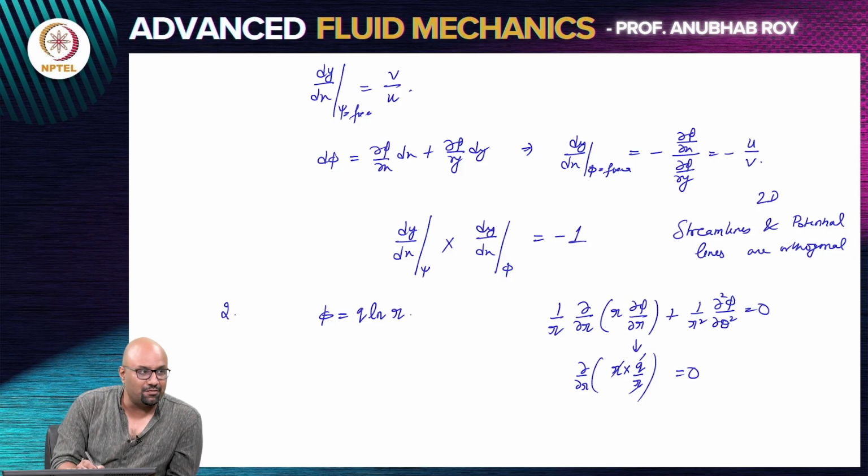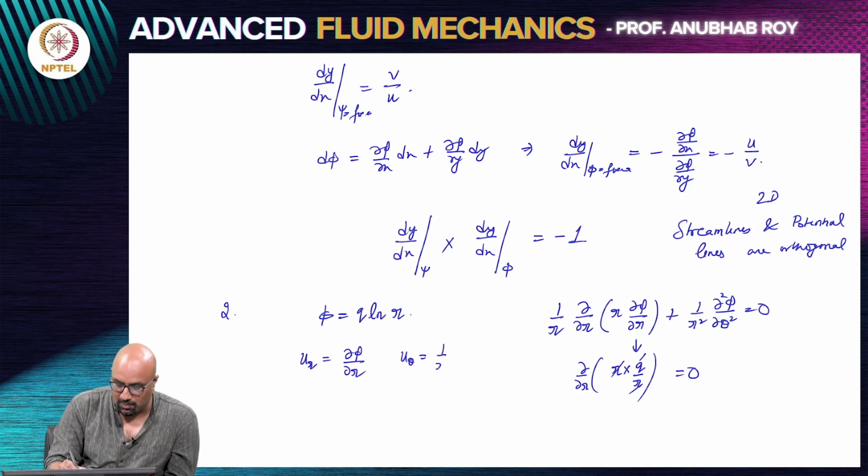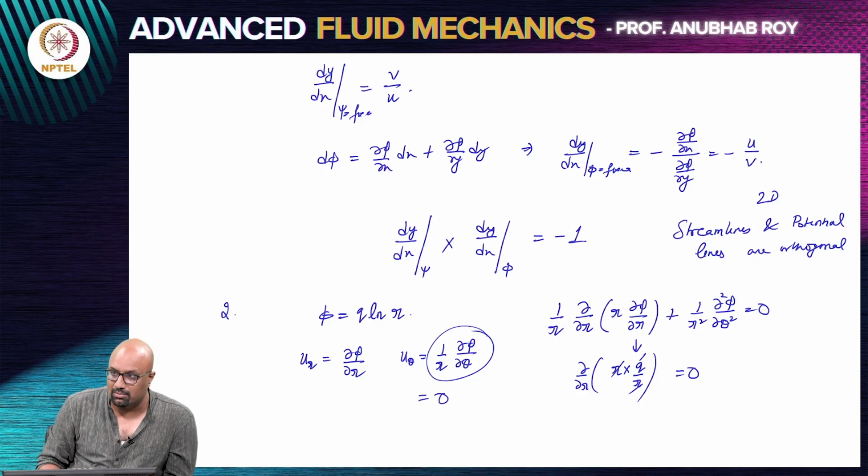Now, what is the velocity field? There will be a radial velocity u_r, which would be ∂φ/∂r, and there would be an azimuthal or tangential velocity which will be 1 by r ∂φ/∂θ. So, ∂φ/∂θ would obviously be 0 because there is no theta dependence in the potential, but u_r is going to be q by r.